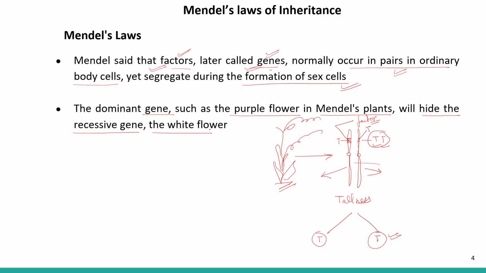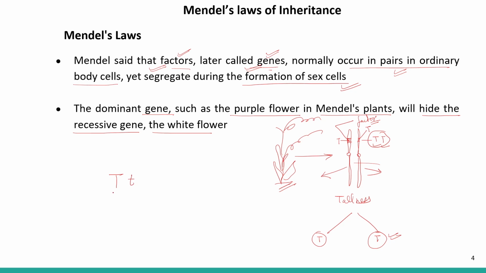One of the factors, or genes, for the same character was dominant. What is the meaning of dominant? The one which dominates the other. And recessive means that it gets suppressed by the dominant one, right?